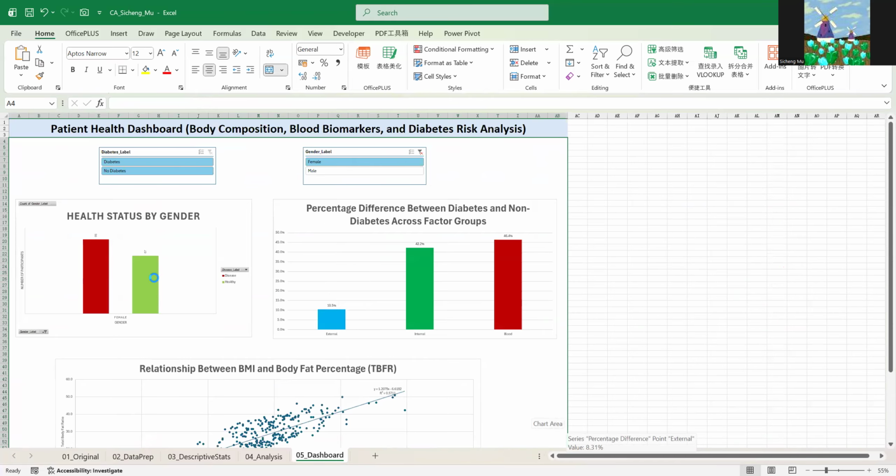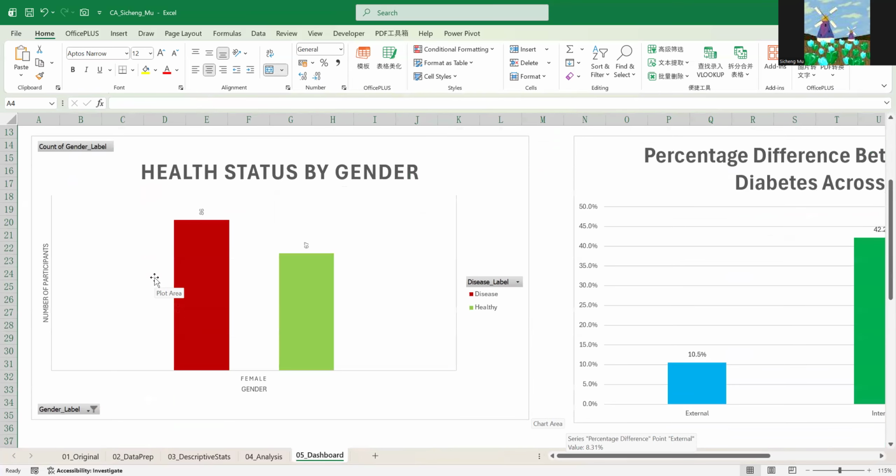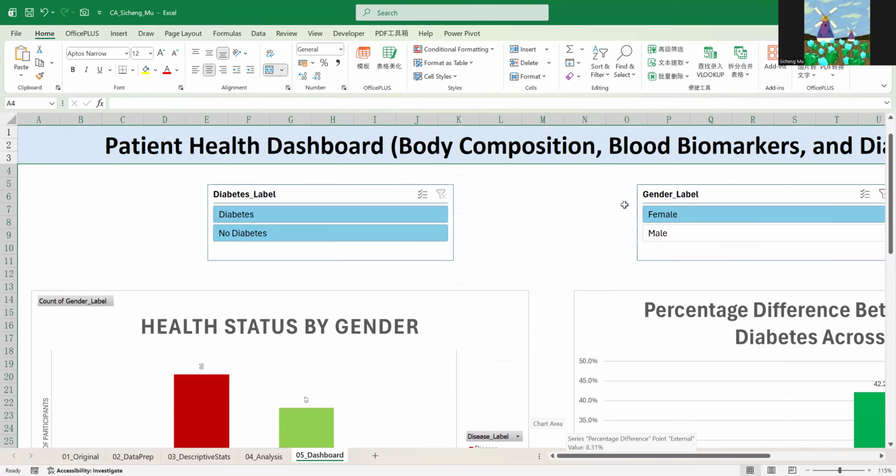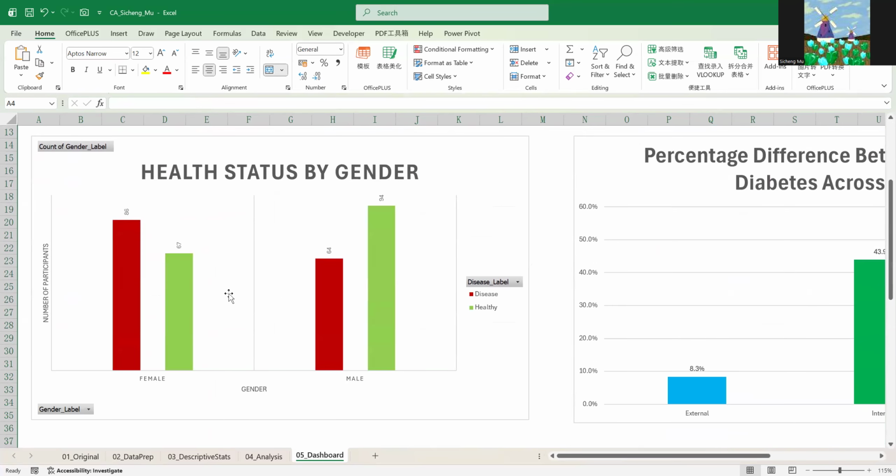Firstly, for the first question, I compared health status between males and females. The results show that female participants have more disease cases than health cases, while males have more health cases overall.